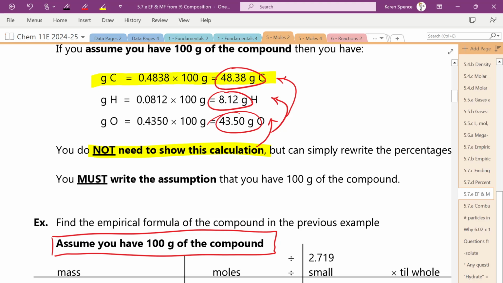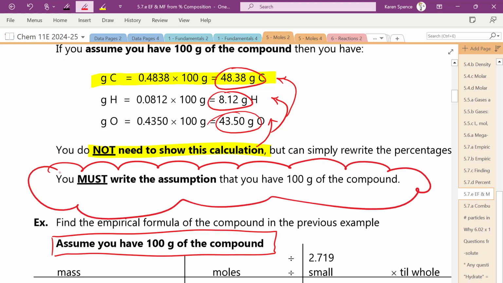Yeah? So it's just a kind thing to do. Anytime you make an assumption, it is kind to your reader to say what that assumption is. Okay? Yes? You have to write down the assume that. Yes, you must write the assumption. Okay?